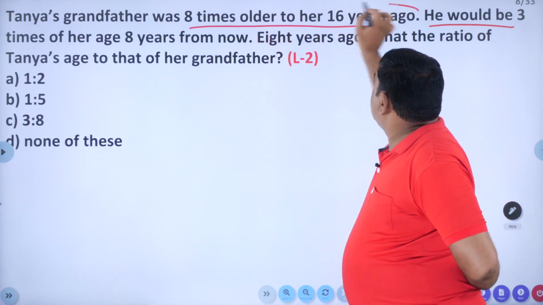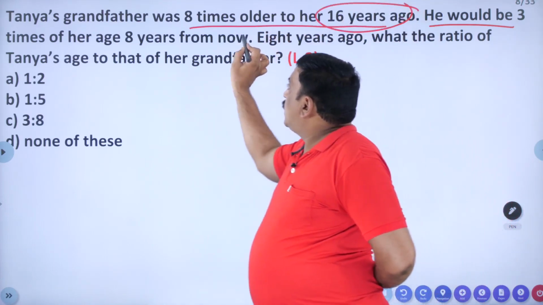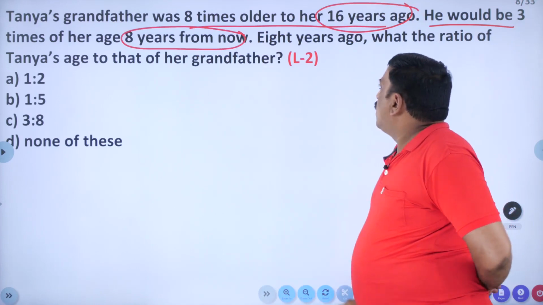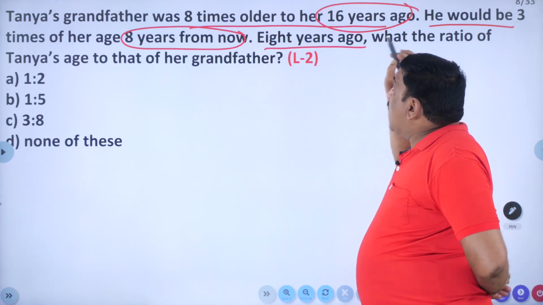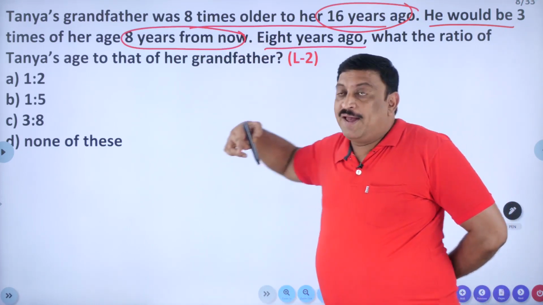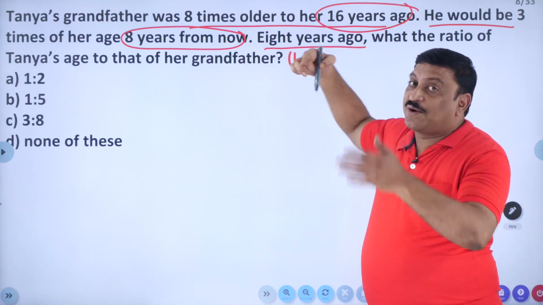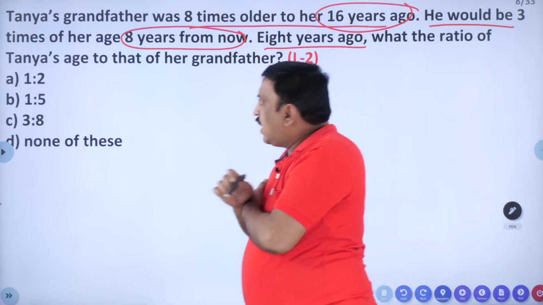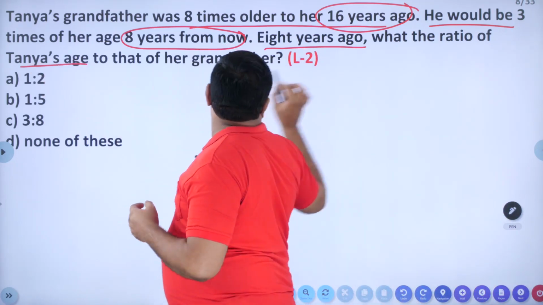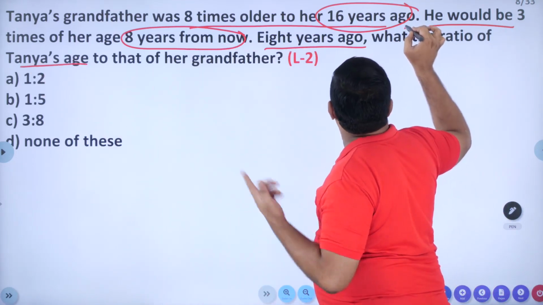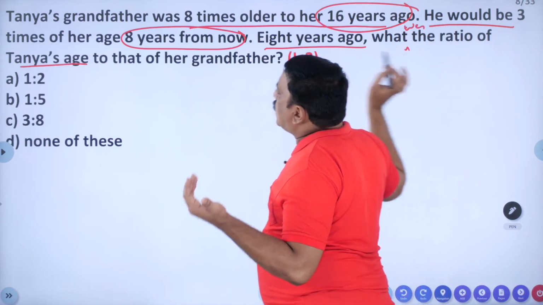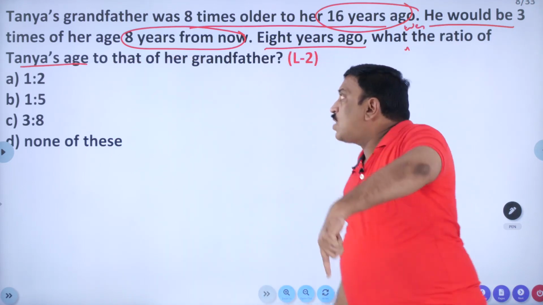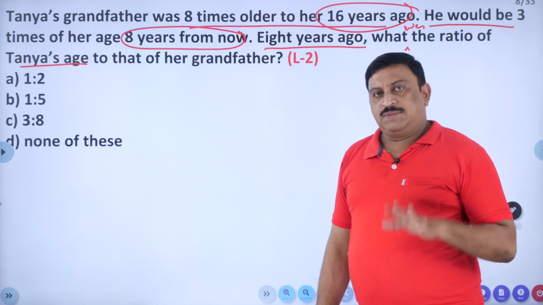One is 16 years ago. The other one is 8 years from now. Full stop. That is 8 years ago, not 16 years ago. 8 years ago, what was the ratio of Tanya's age to that of her grandfather? This is the question.